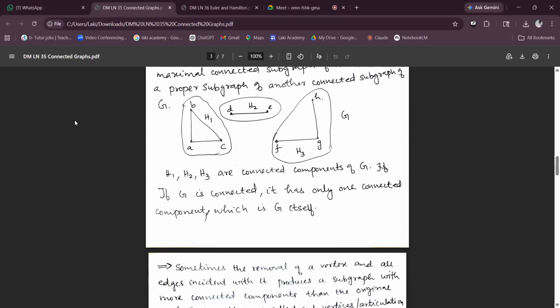Three components. But they are not connected, no? If you connect them like this, the component will be one.